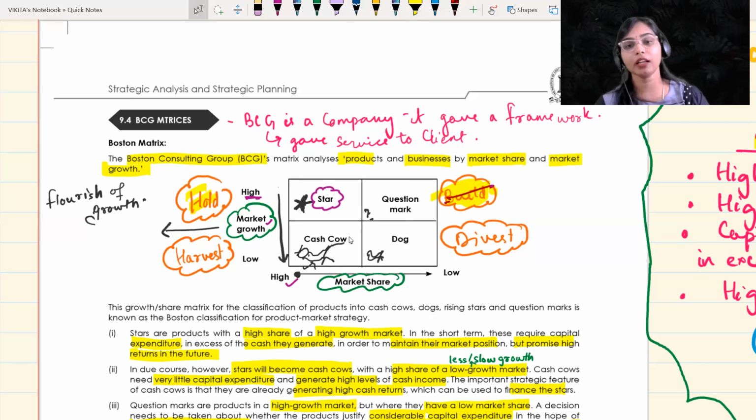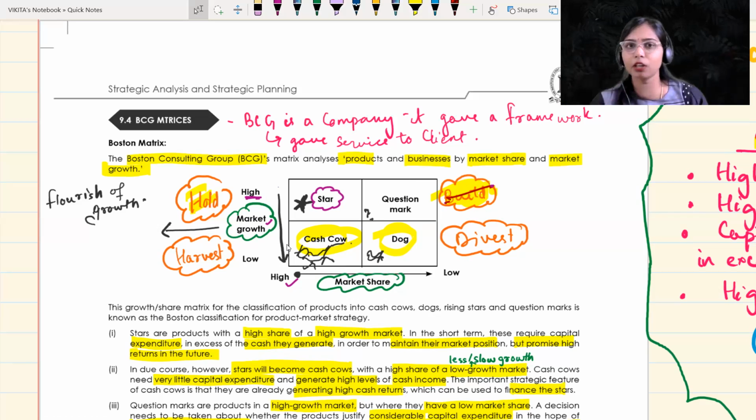Got it? Now coming to the dogs, what happens in the dog strategy? The dog quadrant is when there is low growth and low share. Both growth and share are low, and in this position there is very little confidence.